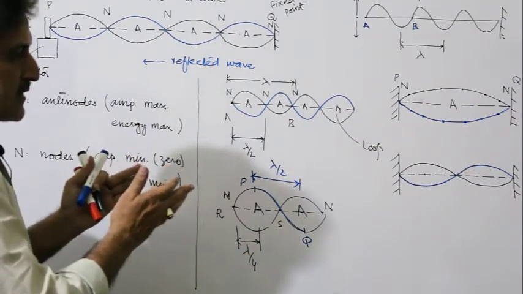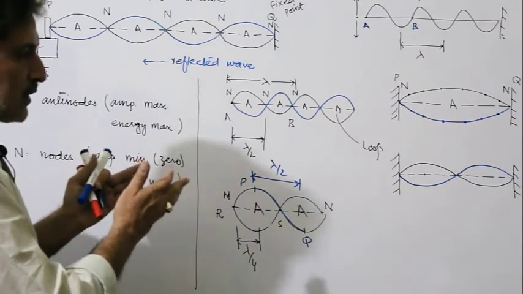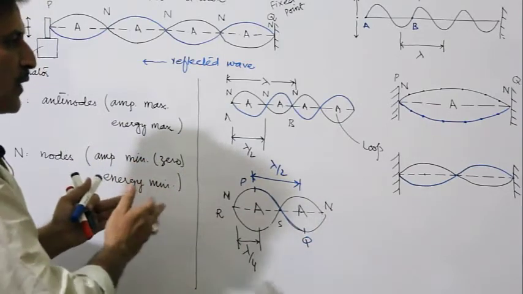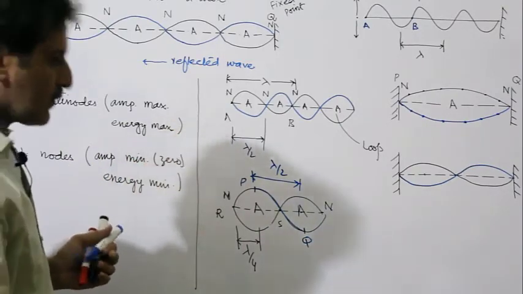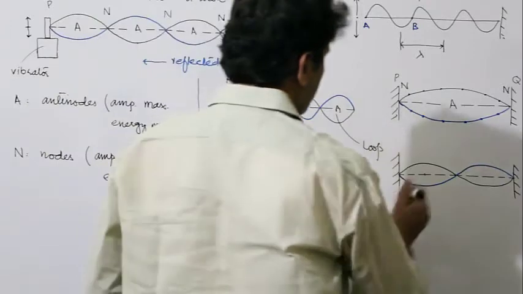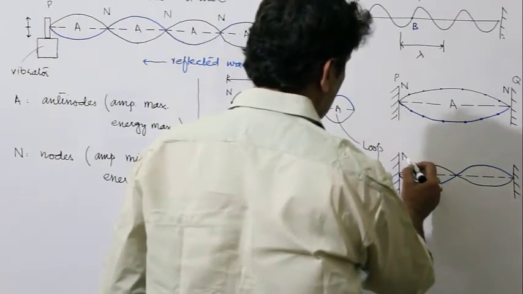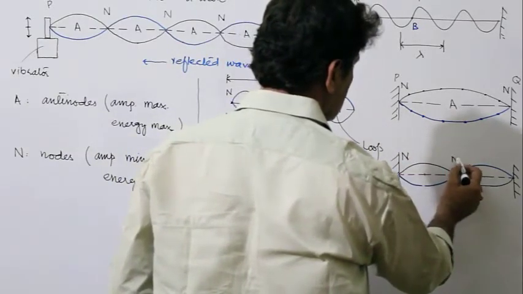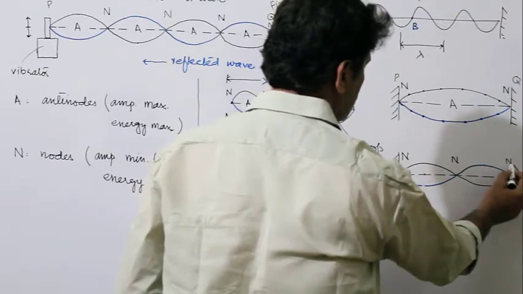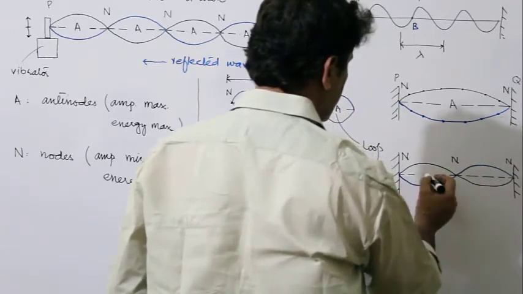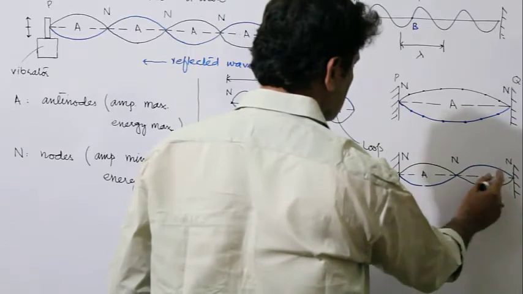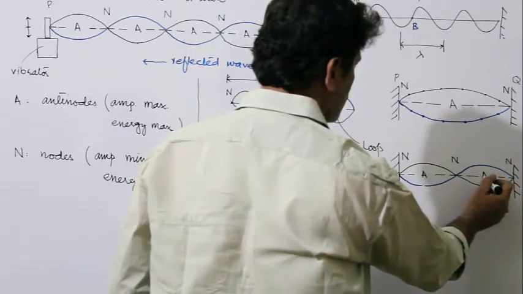So we can see only the loops formed in this wave. That's why it is called the stationary wave. Okay, and we have nodal points where the amplitude and energy are 0, and we have the antinodes here. For example, these 2 points are the antinodes.